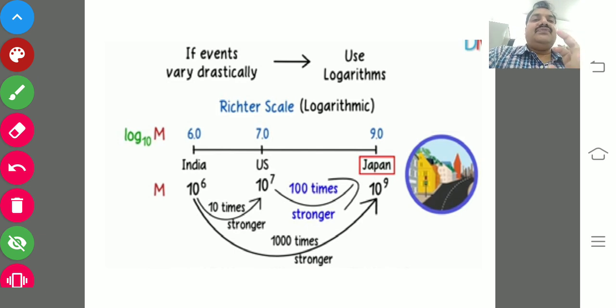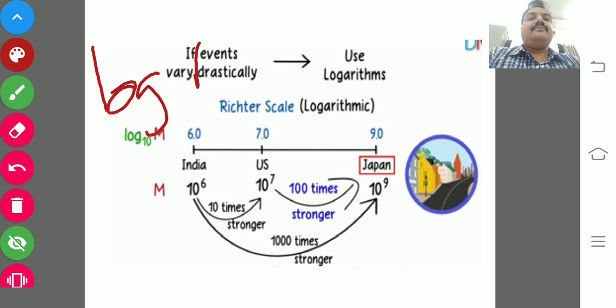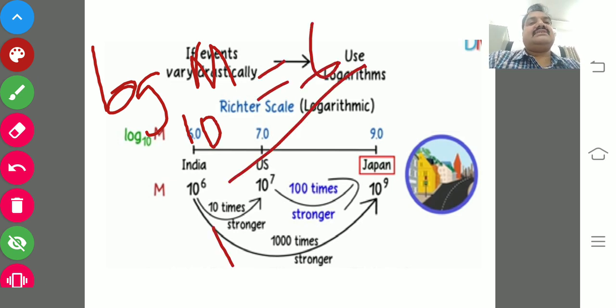But if you apply logarithm, you will come to know the difference. Here I have taken log m base 10 equal to 6, then 10 power 6 equal to m.